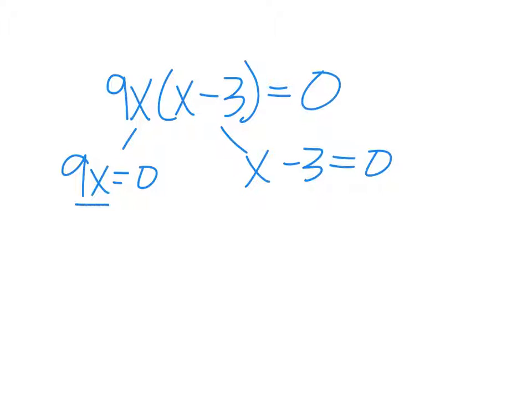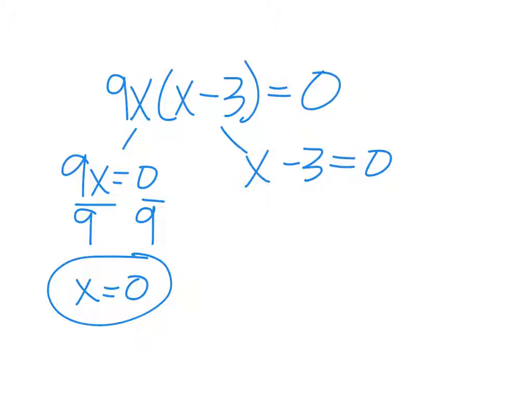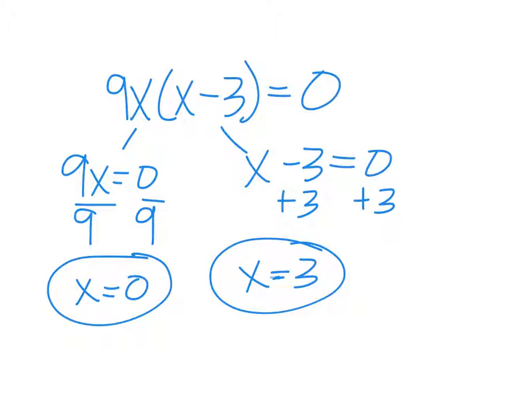And then solve each mini equation. For the first one, we divide both sides by 9, so either x equals 0, or on this other side, we add 3 to both sides, and x equals 3. So we have two possible answers that could make that equation true.